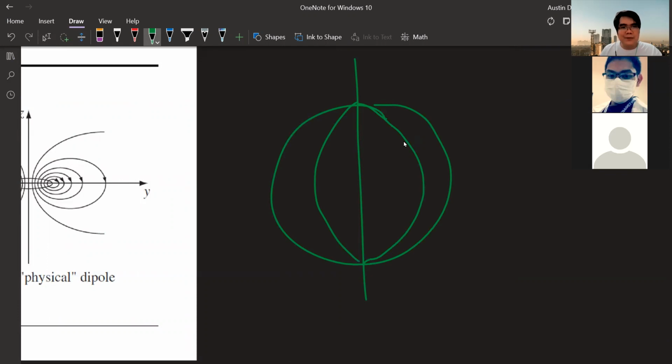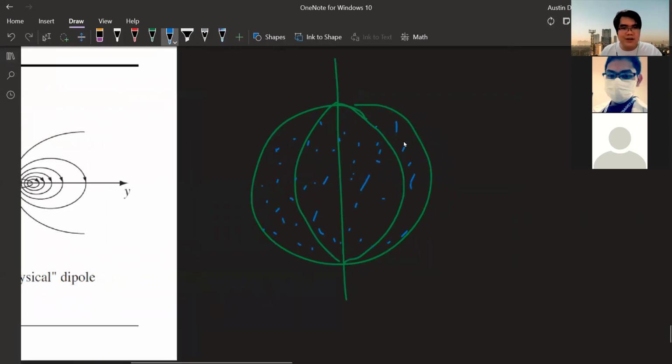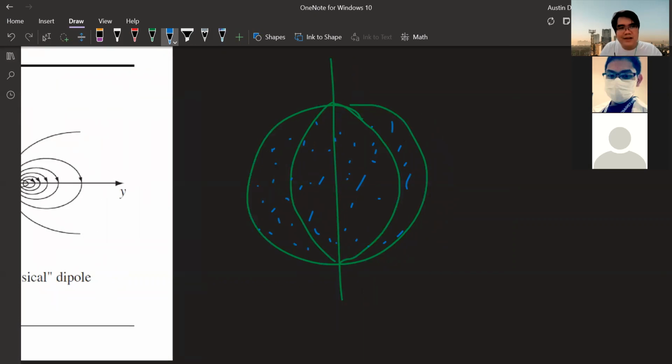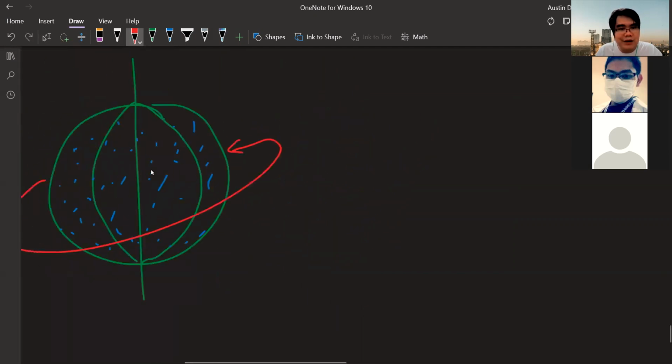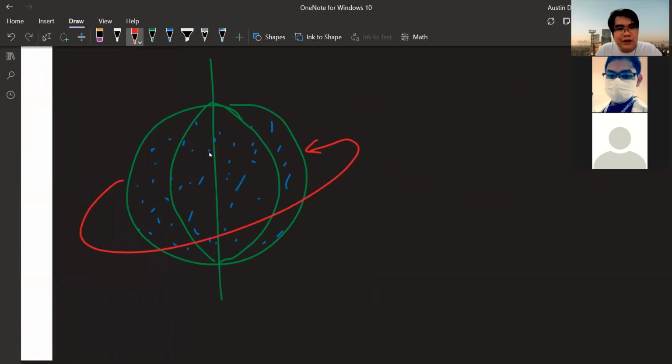Tapos, may nakasprinkle dyan na charges tayo and some other materials. And it rotates. So, yung charges mo nagro-rotate, para kang may surface current na umiikot sa Earth mo. Kung i-plot lang natin yung current.